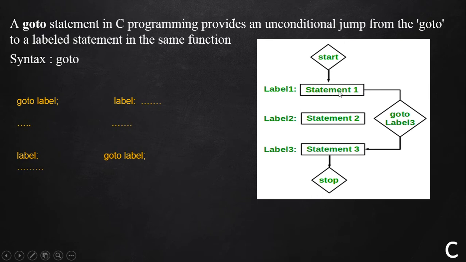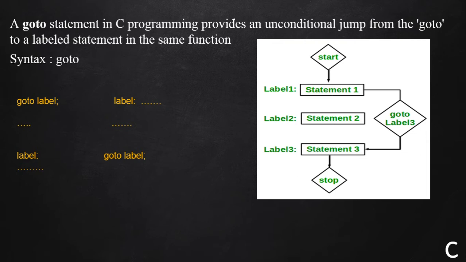While executing this statement, control is transferred from that location directly to this one, without executing the part present in between these two instructions. Suppose this statement is goto label 2, then control is transferred from this location to this location. Right? So this is the flowchart representation corresponding to the goto statement.